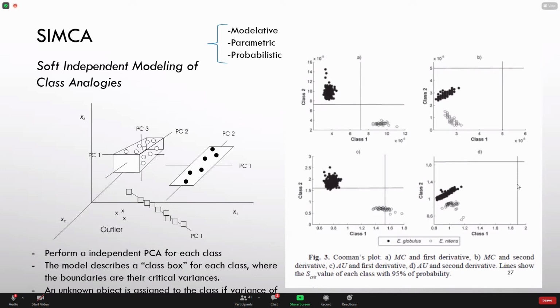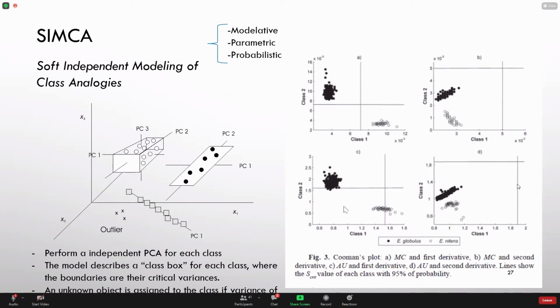Okay, we need to calculate a critical variance at a determined level of confidence, and this critical value will be used to assign the class of future samples. For example, here we have the critical variance of class 1. Here we have the critical variance of class 2. Here also, these lines are the critical variance.